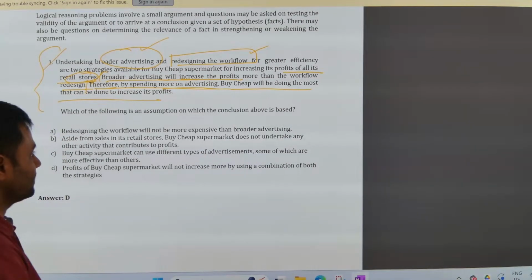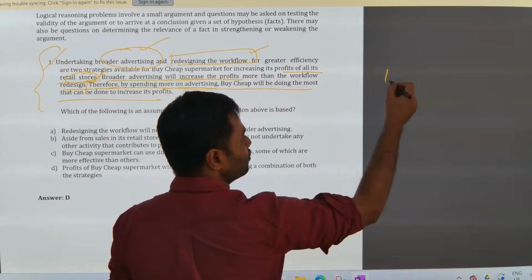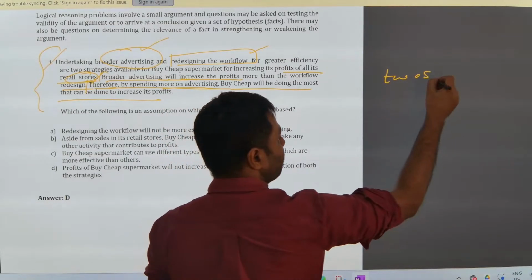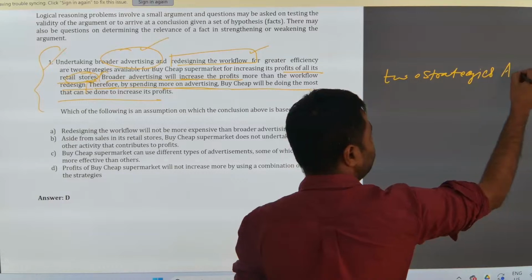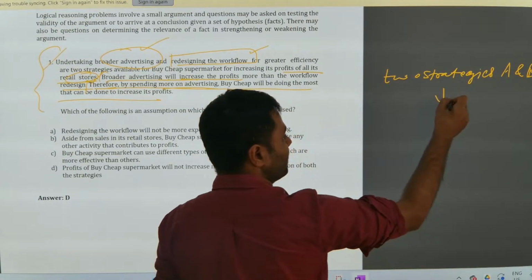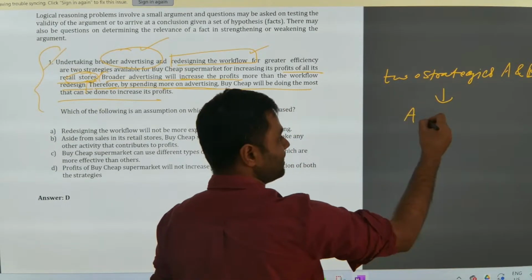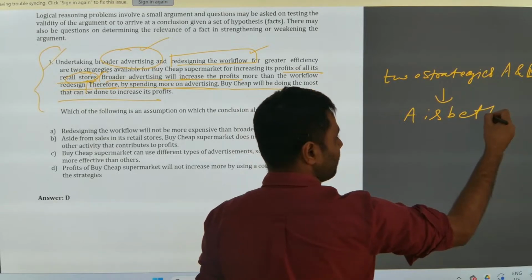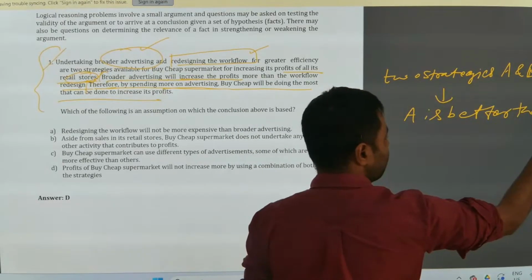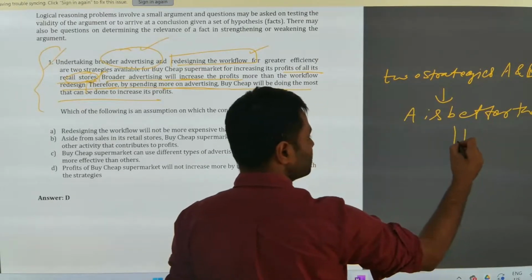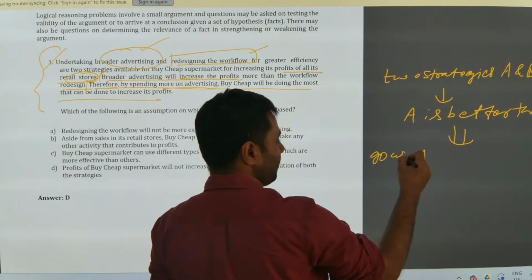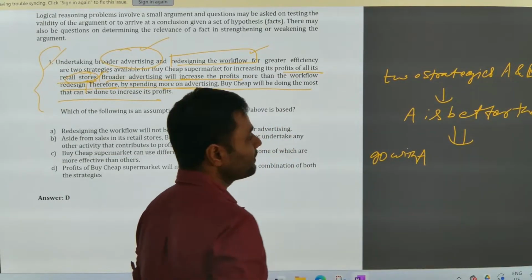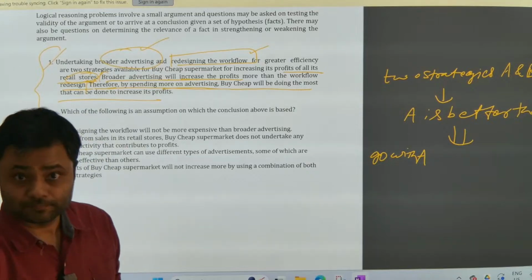So that is the premise. Premise is two strategies, A and B. Then the next premise is A is better than B, right? So the conclusion is go with A, right? That is the conclusion, go with A.